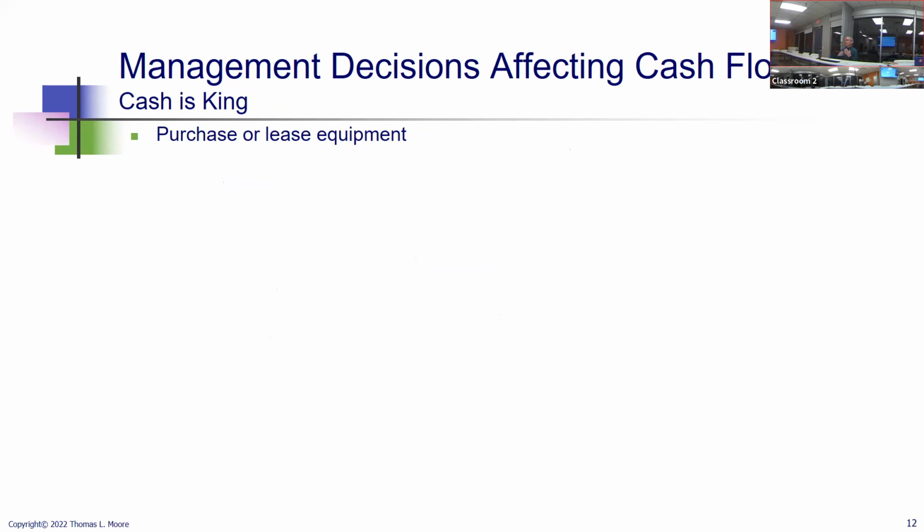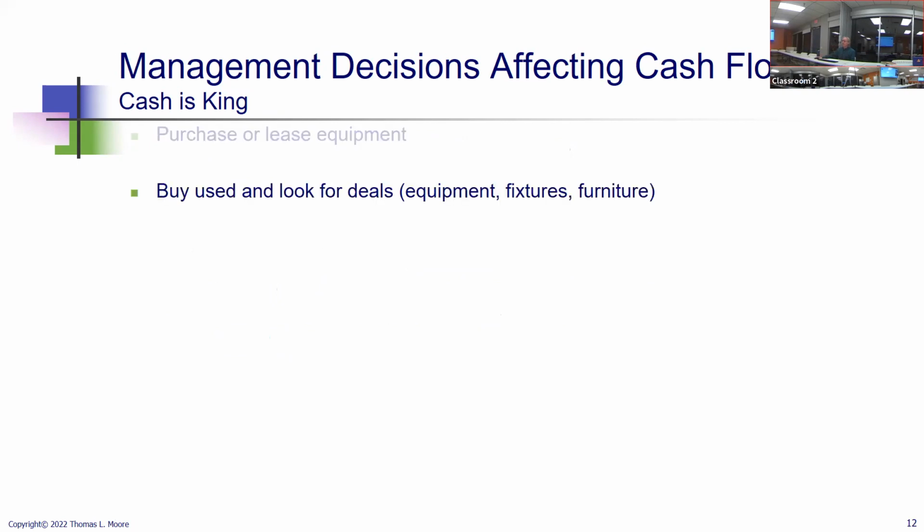Another item that affects cash is this notion of purchasing versus leasing equipment. You want to make sure that you look for used or good deals in equipment like fixtures and furniture and those kinds of things, computer equipment. Don't just go to a retailer and buy it from American Home Furniture.